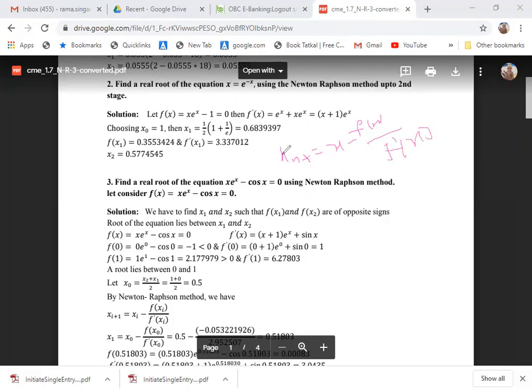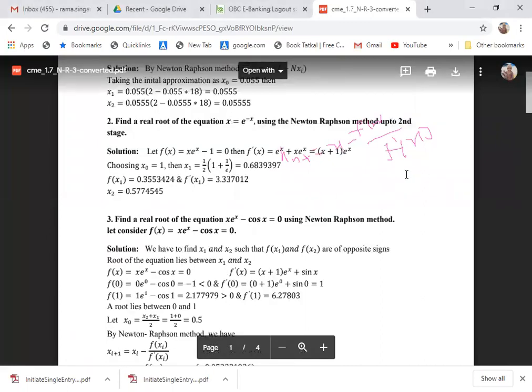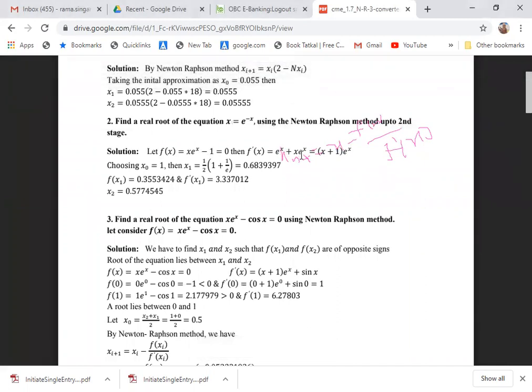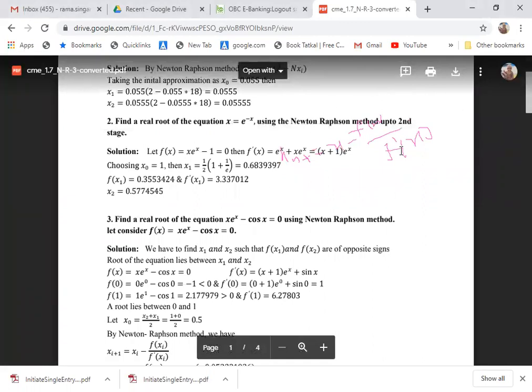Let us use f(x) and f dash of x in this. f(x) is x e power x minus 1, f dash of x is e power x plus x e power x. Use that in the iteration formula.